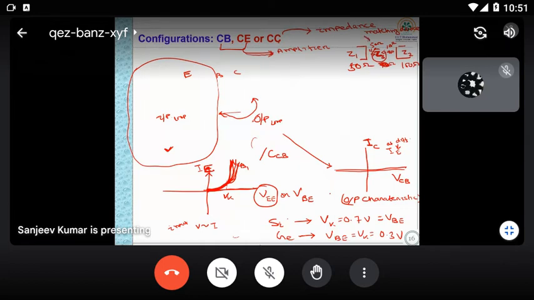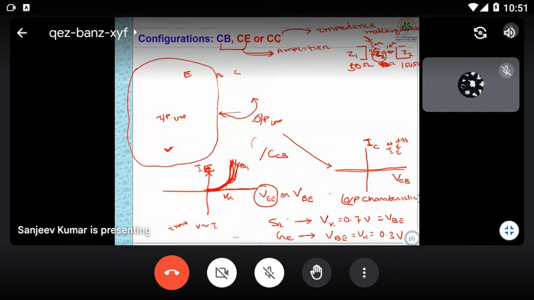This common collector configuration can be used as an impedance matching device. Whenever two different impedance levels are there, you can use a common collector transistor configuration to match between the two different impedances. That's why common collector is used for that type of application.